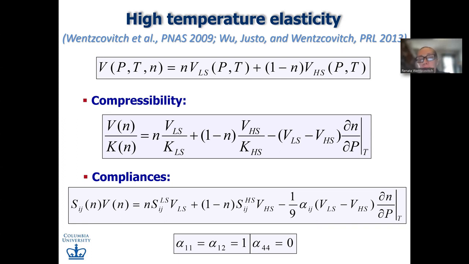Shear strain does not change the volume, therefore does not have the anomaly that is caused by the change in low spin fraction caused by the change in volume. Okay, so shear elastic coefficients don't have anomalies. It's only diagonal and off-diagonal elements of the elastic constant tensor that have anomalies.